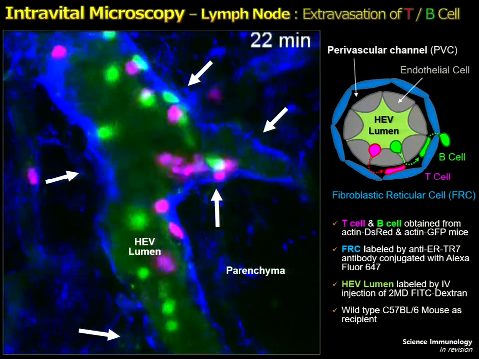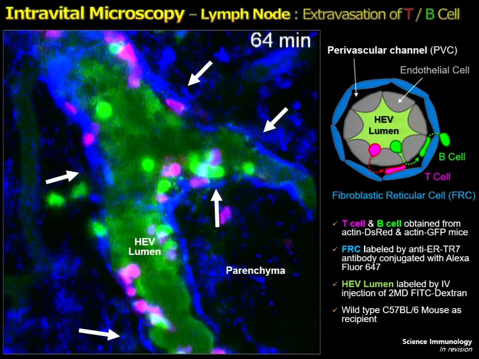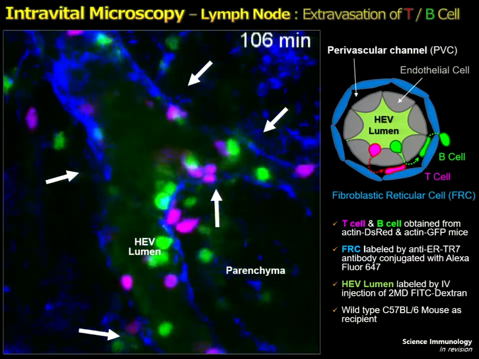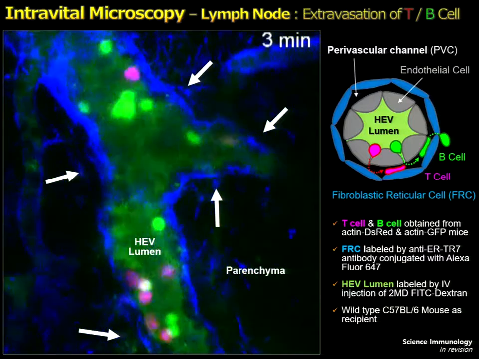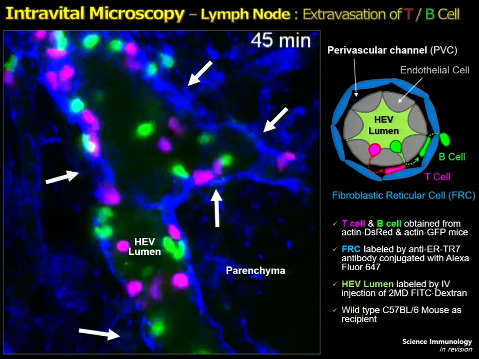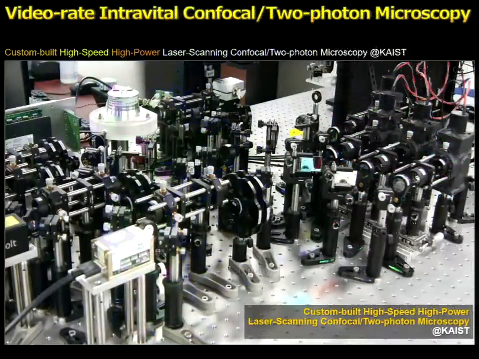And then we inject this antibody conjugate directly into the peripheral tissue. And then this antibody drains through the lymphatic vessel to the lymph node, and then it labels the FRC very specifically. And by doing that, we can observe these 3 types of cells simultaneously in live mouse.